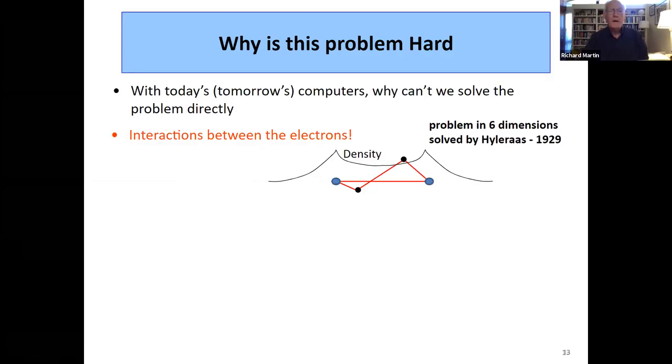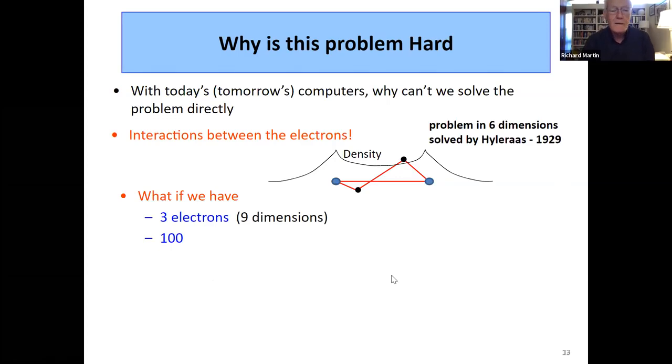The solution by Hylleraas in 1929 was a tour de force, but one can think about the basic problem that with two electrons, each in three dimensions, it becomes a six-dimensional problem. And he was able to solve that by a variational technique. But what if we have three electrons, nine dimensions, 100 electrons, 300 dimensions, 10 to the 23rd in a solid?